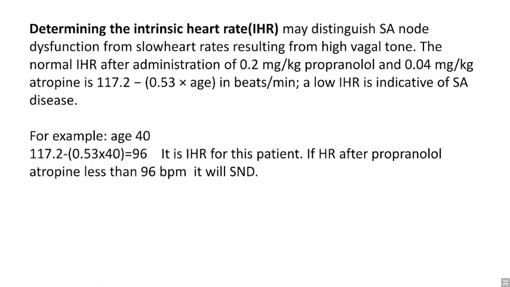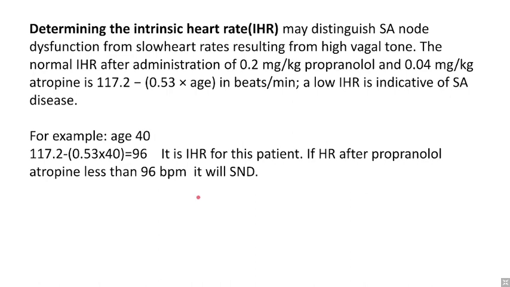The normal intrinsic heart rate after administration of 0.2 mg per kilogram propranolol and 0.04 mg per kilogram atropine is 117.2 minus 0.53 multiplied by age in beats per minute. And low intrinsic heart rate is indicative of SA node disease.